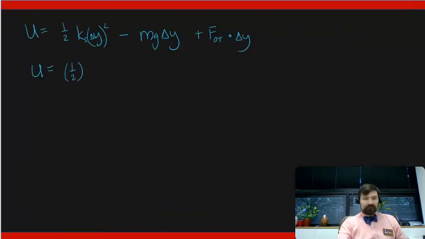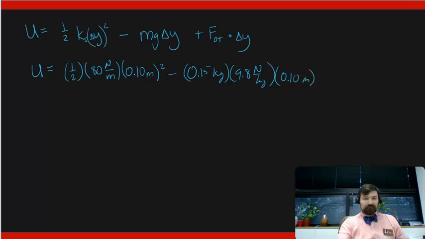So my total potential energy for the system is 1/2 times 80 newtons per meter times 0.1 meters squared minus 0.15 kilograms times 9.8 newtons per kilogram times 0.1 meters plus 4 newtons times 0.1 meters.